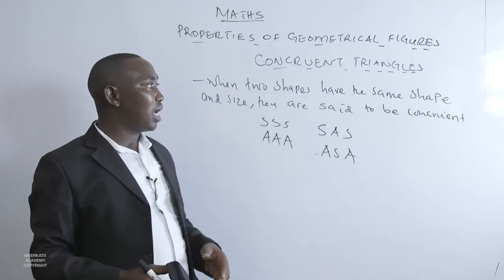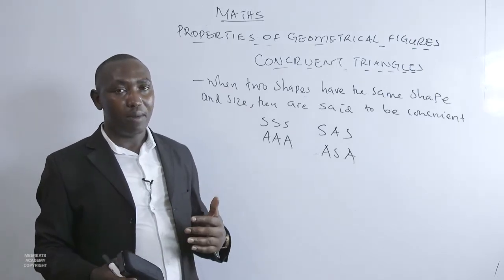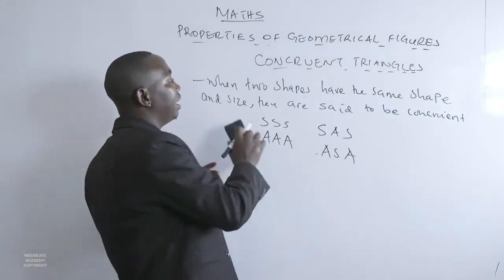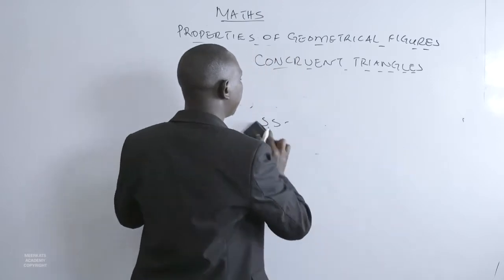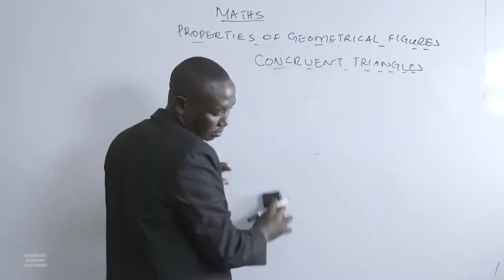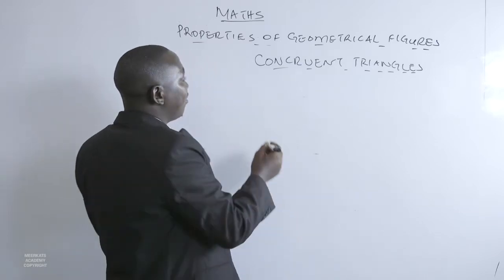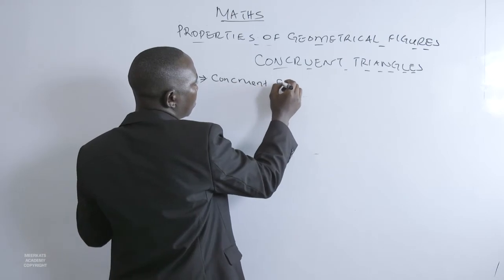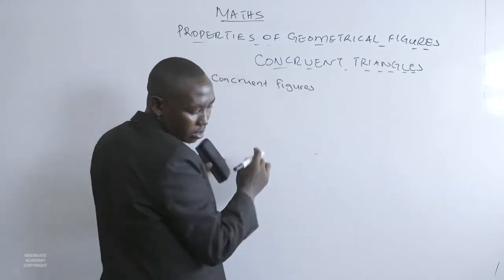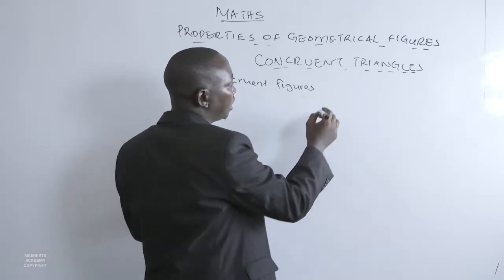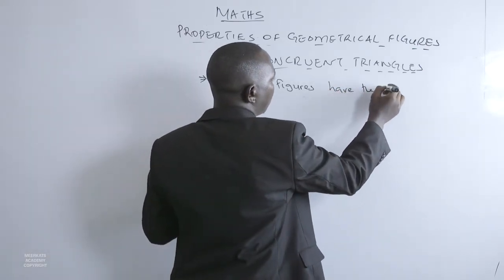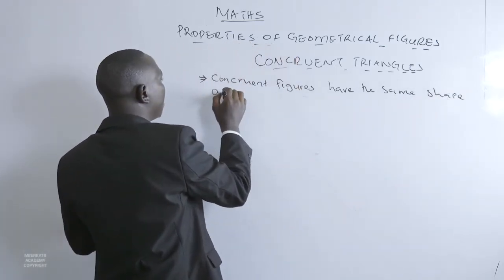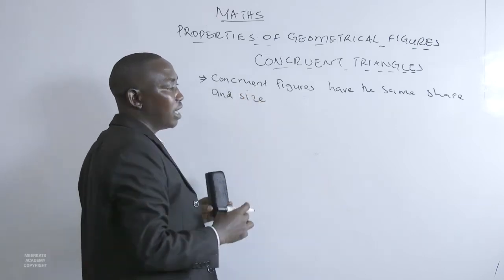We are going to look at a number of aspects to be observed whenever we are dealing with congruency in triangles. The first thing is that congruent figures have the same shape, and of course the same size.